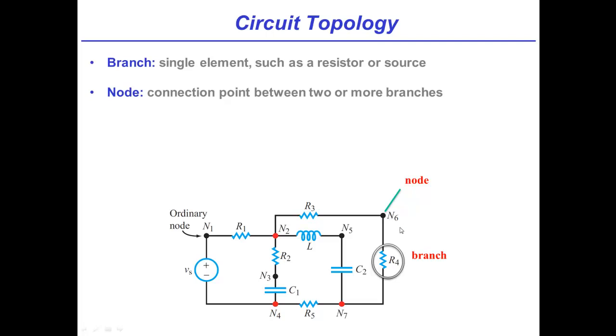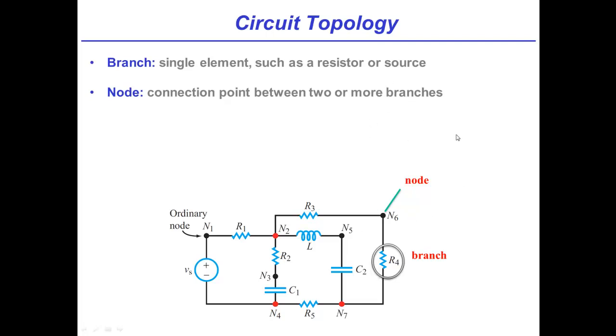Those represent nodes. So, for example, N6 specifically is a node. It is a connection point between R3, which is a branch, and R4, which is a branch. So therefore, N6 is a node because it's a connection point between two branches.